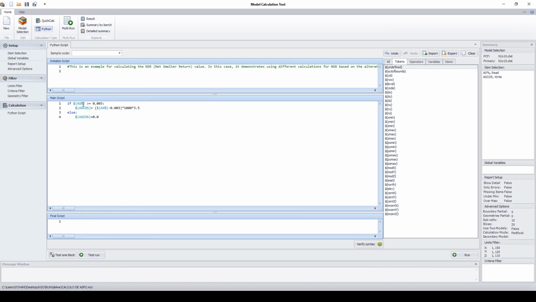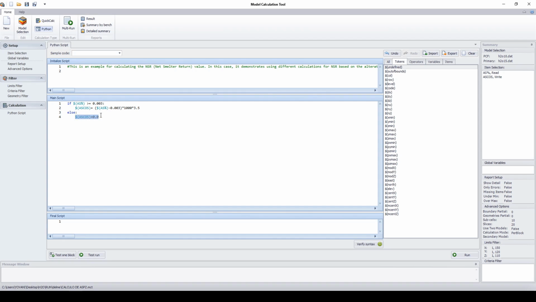Okay, here we have a little piece of code that says if the block is greater or equal to 0.003% of arsenic, the extra processing cost is going to be this line: the percentage of arsenic minus the arsenic limit, multiplied by 1000 and multiplied by 3.5 US dollars per ton.